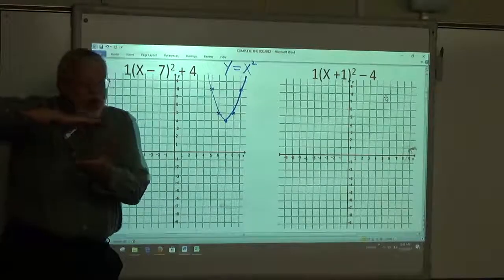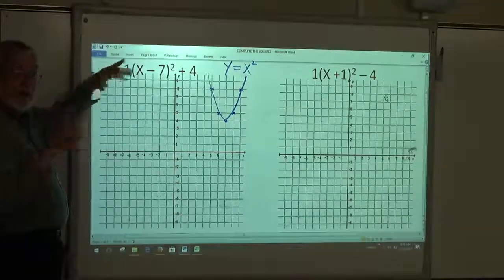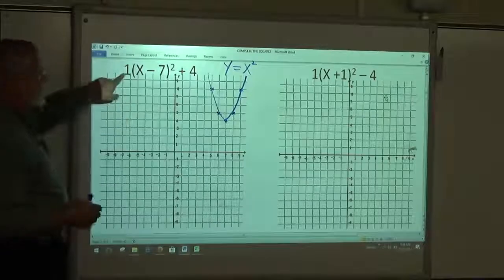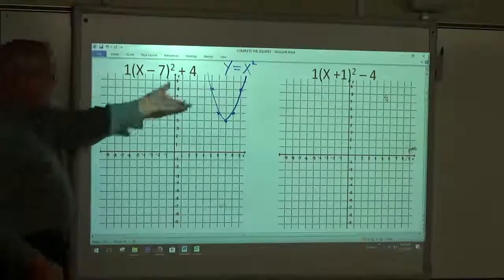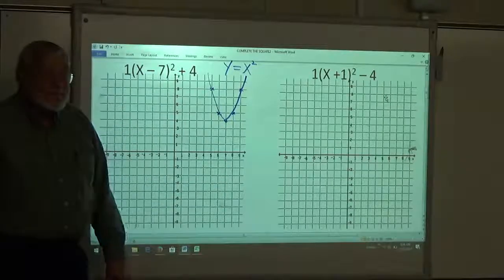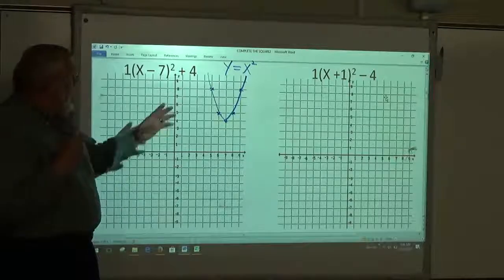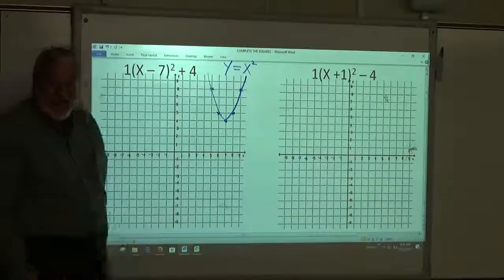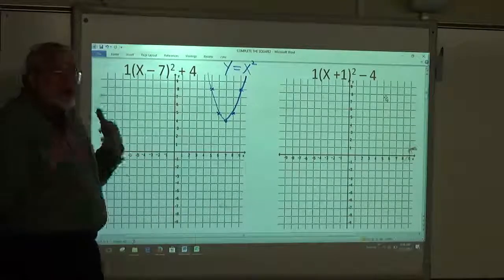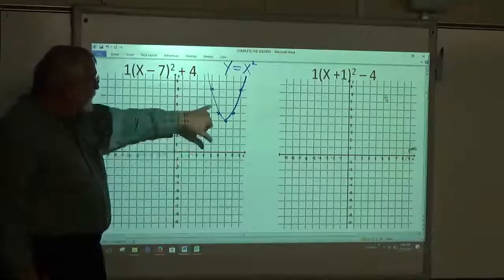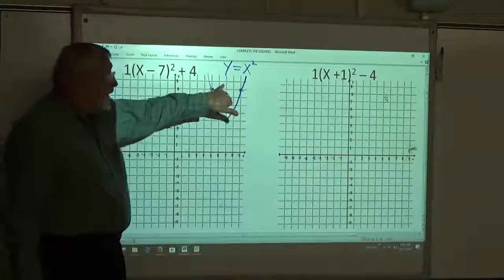I'm not going up as far, so that's going to look short and fat. If it's negative, it's going to flip it over. But the vertex is the same. This particular value is just an extra change on the parent graph.